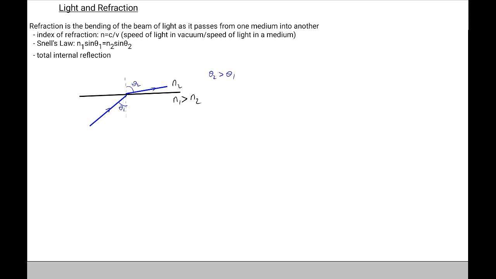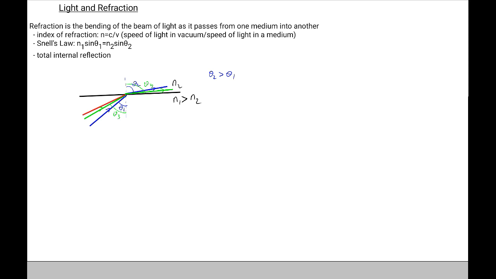Now if we have a different beam that has an angle of incidence that's higher than theta 1, it will refract even further away from the perpendicular to the interface. So this would be angle, let's call it theta 3, and this would be angle theta 4.